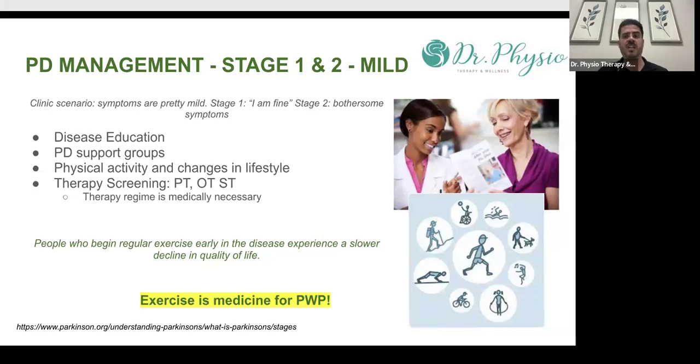So what we need to do is just force your body to move. That's why the physical activity is so important. So you move, and then you force your body to kind of have that intake. All right. And exercise is medicine for people with Parkinson's. So we know at this stage, exercise, physical activity needs to be in place on a regular basis.